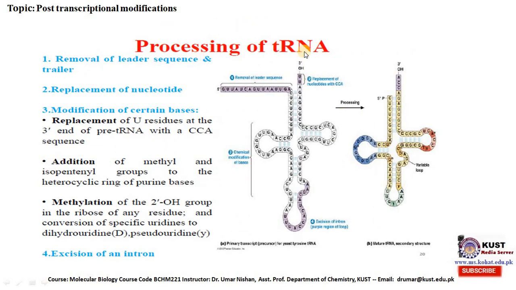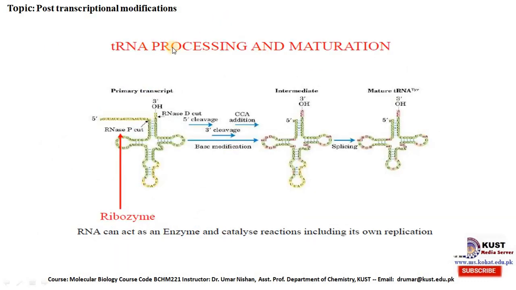Processing of this transfer RNA occurs by removal of the leader and trailer sequences, replacement of nucleotides, and modification of certain bases. The details of this whole process are given in the slide. If you read it, you will understand how tRNA processing takes place. tRNA processing and maturation, here is another view.